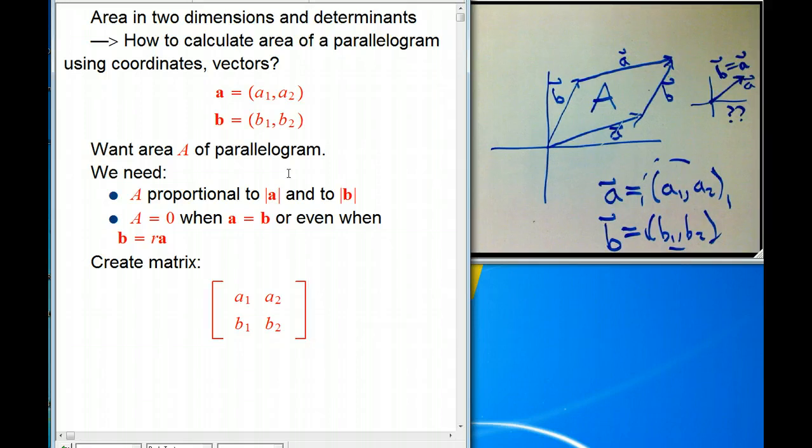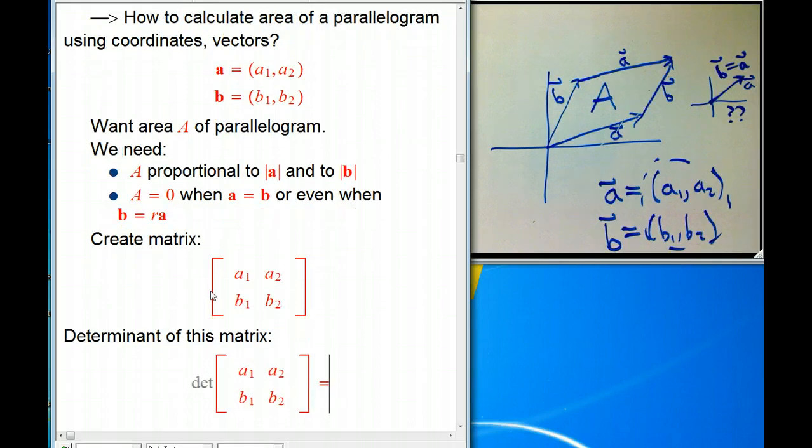Okay. And what we're going to do is we're going to create what's called the determinant of this matrix. And I'm going to give you two notations for that. One is you just put det in front of this matrix.